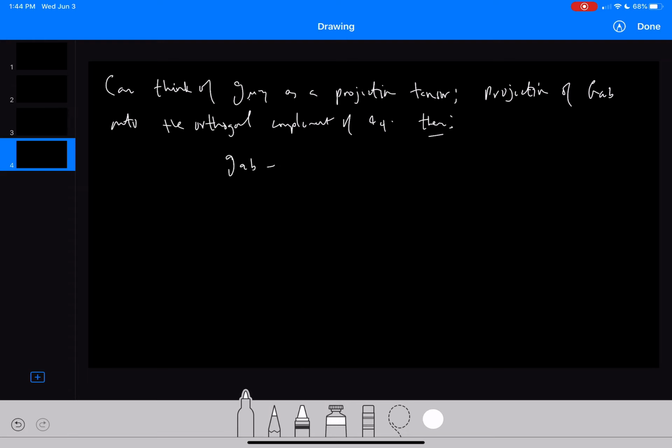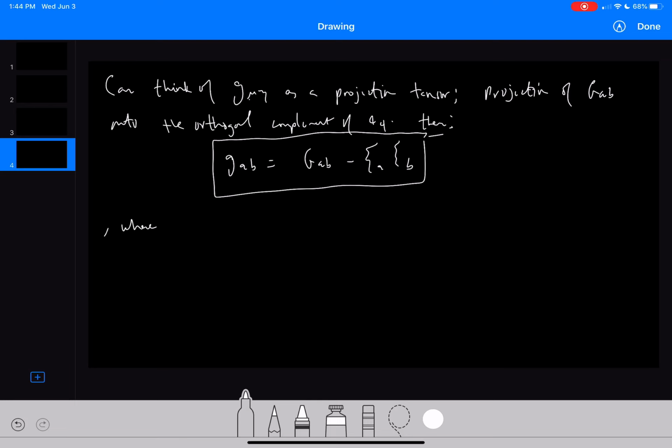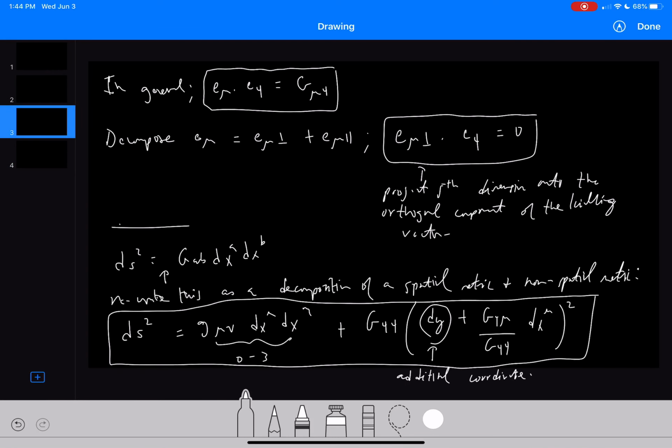And in particular, it's this: g AB is equal to G AB minus the product of the Killing vectors, these are Killing vectors, C A, C B. We define E4 as Killing vector A. So this is just a product, this is how we expand out our Killing vector. And we have this G44 component here.